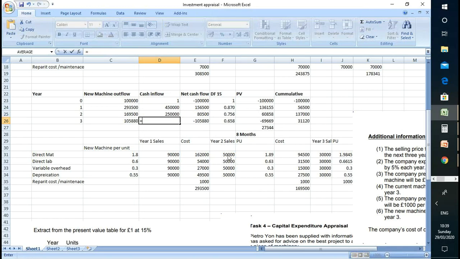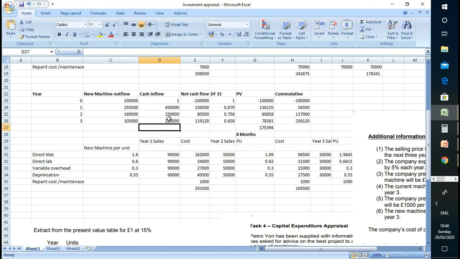Third year? 30,000 at £5, 150,000. So 30,000 times 5, use bracket and plus 75,000 as well. Sorry, 75,000, because of the scrap value of the machine.